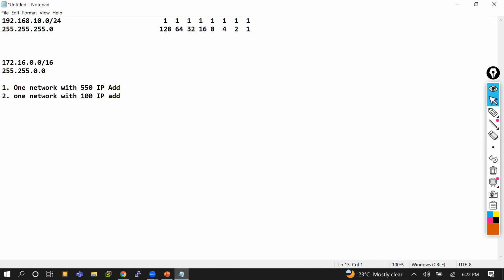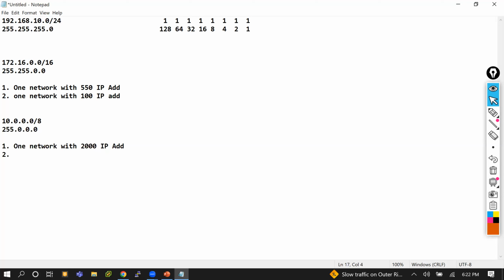That's for class B, and for class A: 10.0.0.0/8, subnet mask 255.0.0.0, and required are one network with 2000 IP addresses.